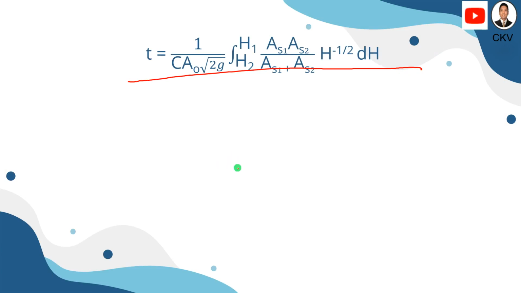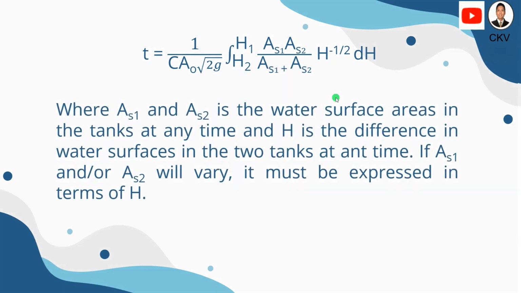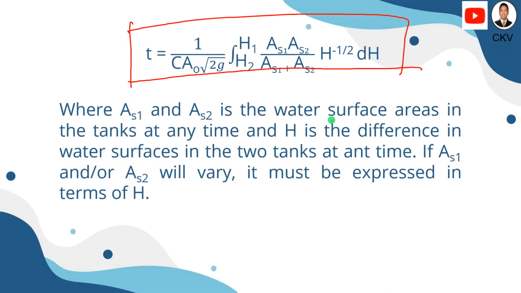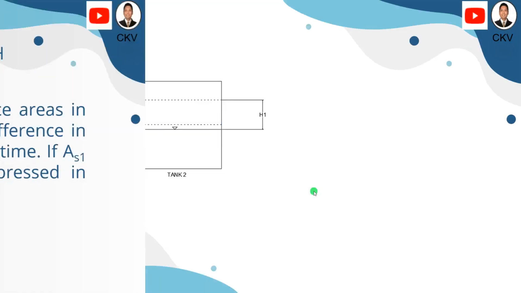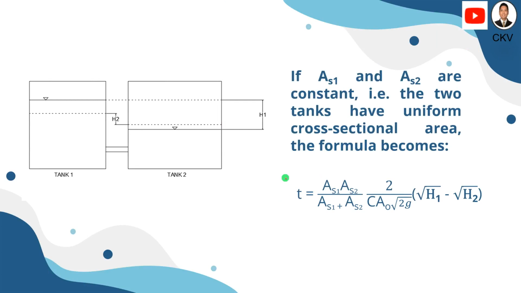If we have a varying cross section of the tank, again we can use this general formula where we will integrate. We express again the solution in terms of H. But if the container has a uniform cross-sectional area, we can simply use this solution right here.